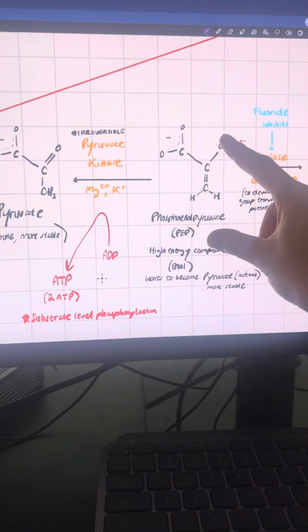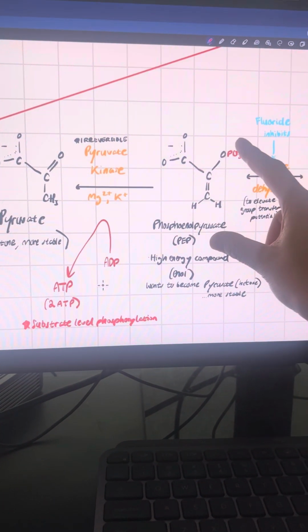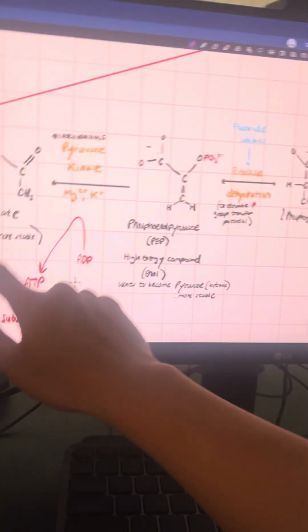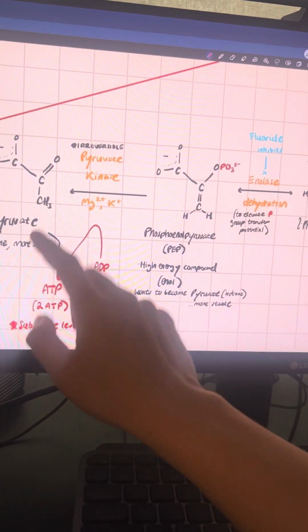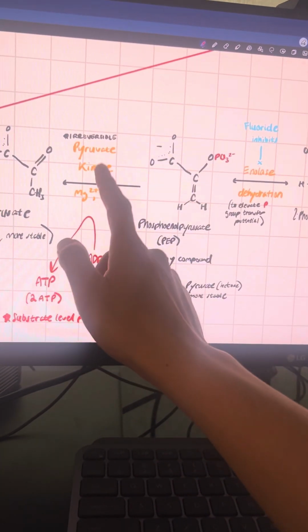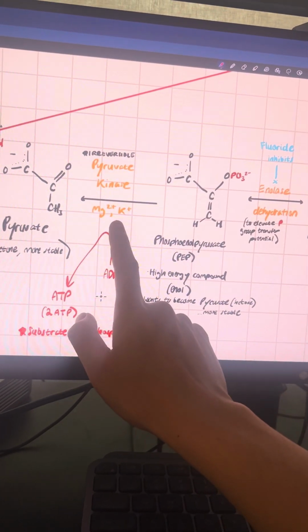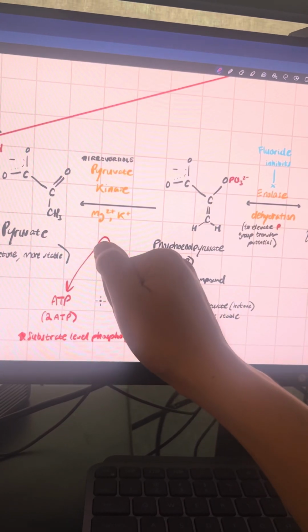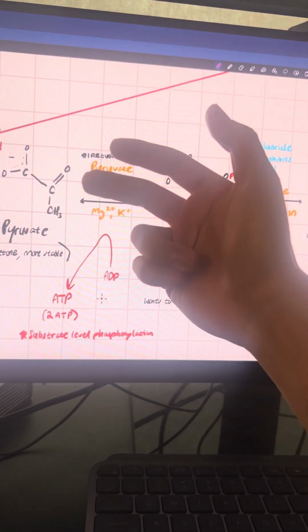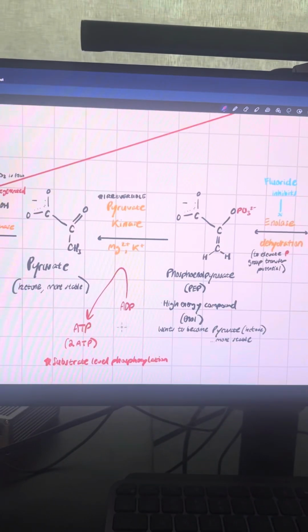So PEP is unstable, it's an enol group, and you're gonna go to pyruvate, which is a ketone, which is more stable. The enzyme that does this is pyruvate kinase. Cofactors are Mg2+ and K+, and this is an irreversible step. So far, we had 3 irreversible steps, right?